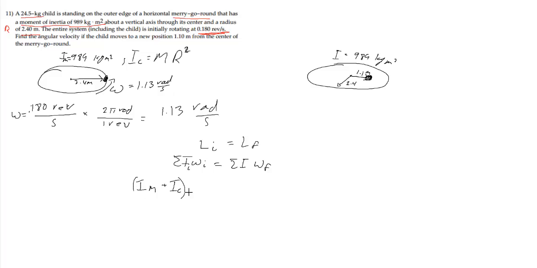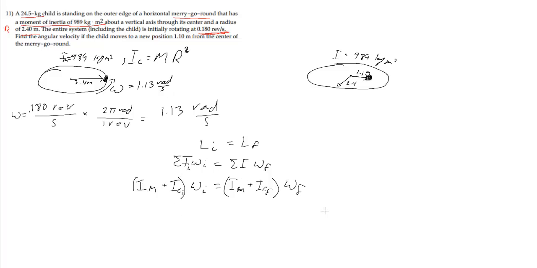This is going to be times omega initial, and this is going to be almost the same. The I of the merry-go-round is going to stay the same, but I final for the child is going to be different, times omega final, which is what we're solving for.